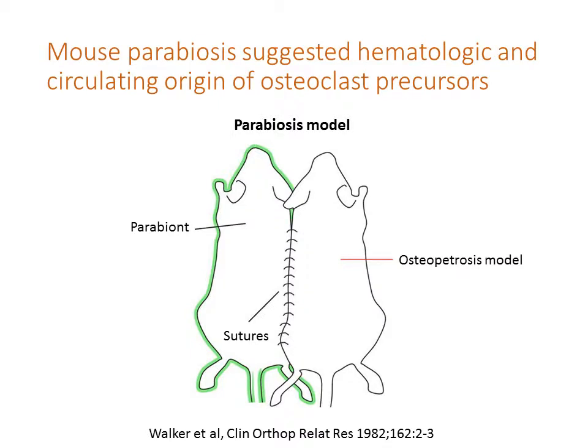And osteopetrosis has also been important to discover the hematologic and circulating origin of osteoclast precursors, through parabiosis experiments in which the normal parabiont could cure the osteopetrotic model through the joint circulation. And this has been important for the cure of the disease because in this way it has been possible to demonstrate that bone marrow transplantation can rescue a normal bone resorption in affected individuals.